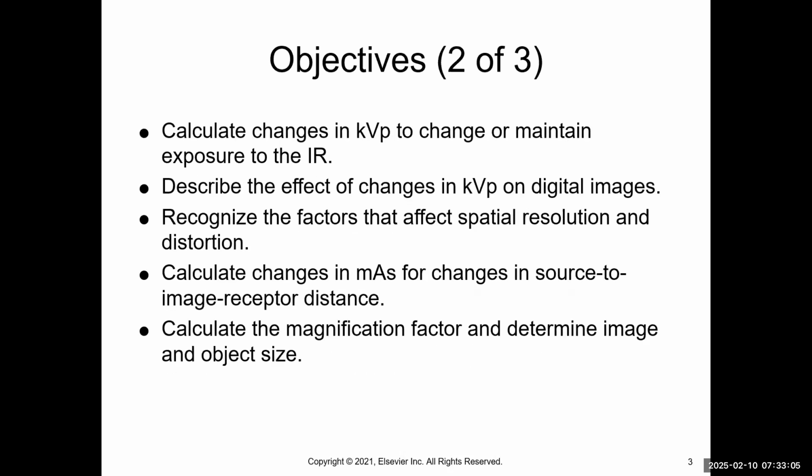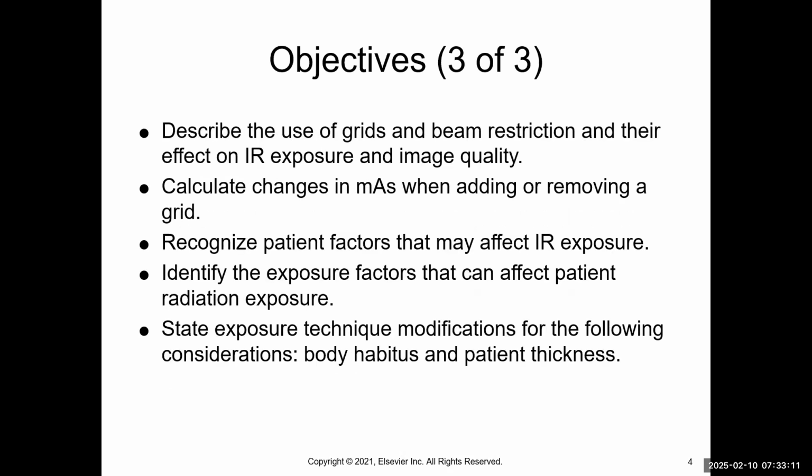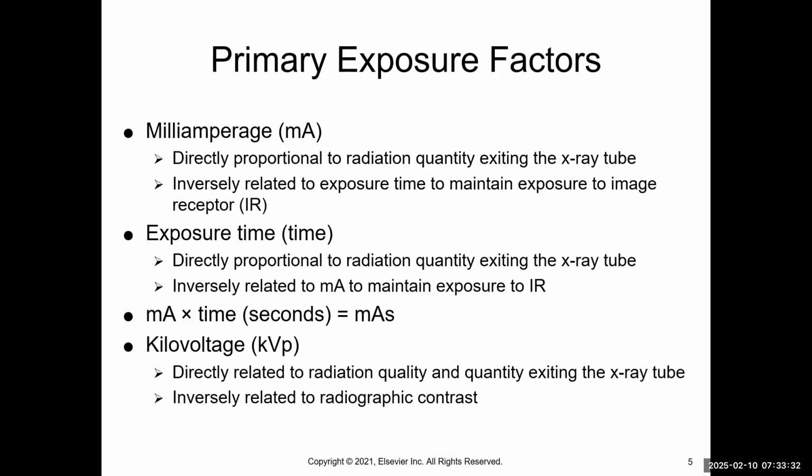We're going to look at all of the formulas that we've learned so far, and what individual things that we change, how those affect our 4 big quality factors of receptor exposure, contrast, distortion, and spatial resolution, because that'll also be part of the practical.